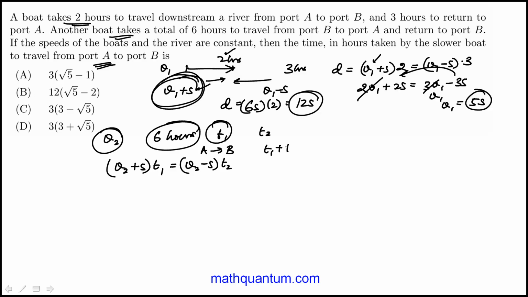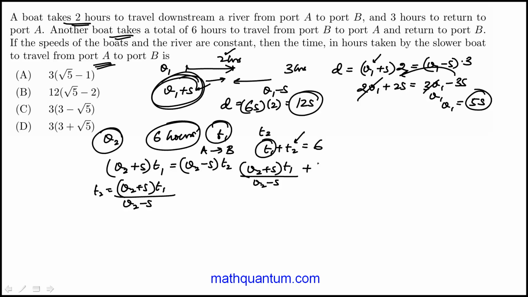And the other condition I have is that the total times add up to 6. My interest is in t sub 1, so I'll really just try to eliminate t2. So t2 is (v2 plus s) t1 over (v2 minus s), and I can substitute that here. I just have to do this algebra.